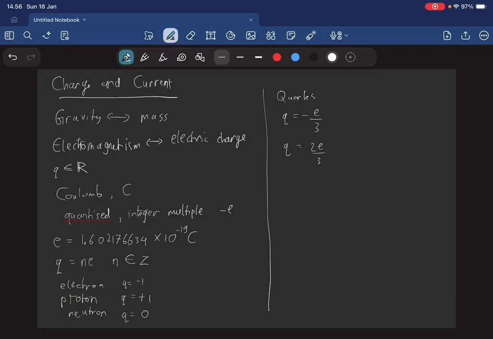One of the key goals of this course is to move beyond the dynamics of point particles and onto the dynamics of continuous objects known as fields. To aid in this, it's useful to consider the charge density, which is rho of x and t, defined as charge per unit volume.